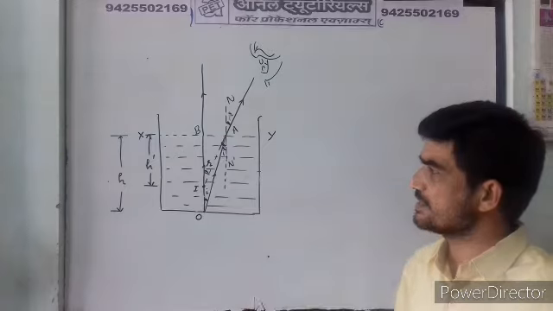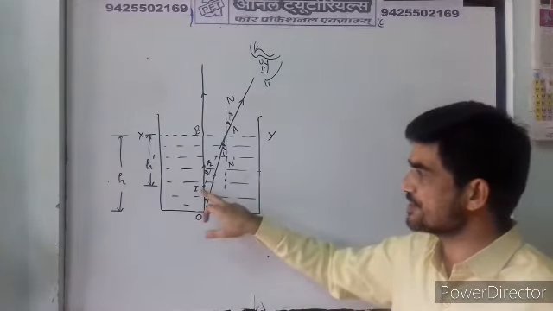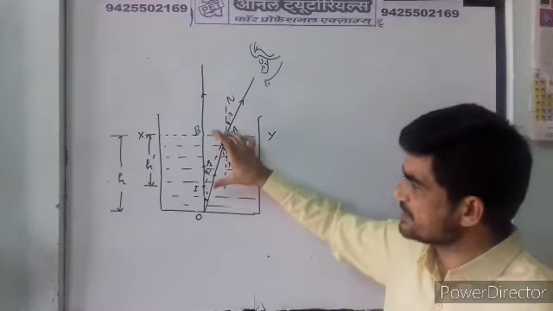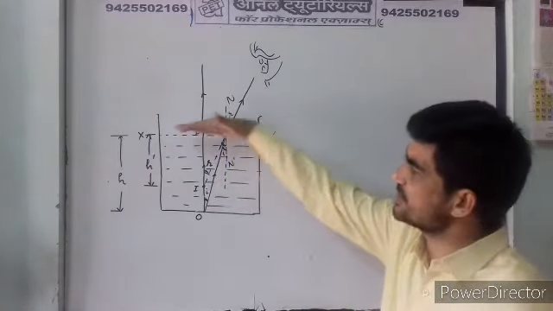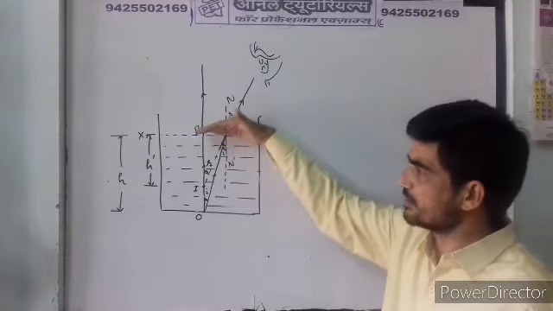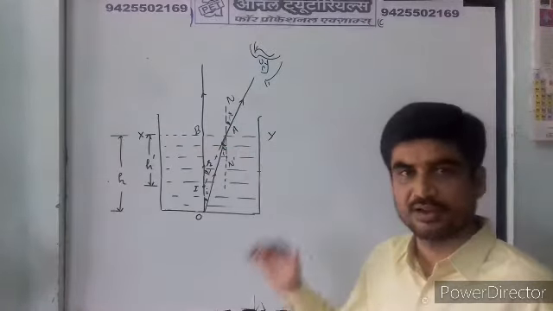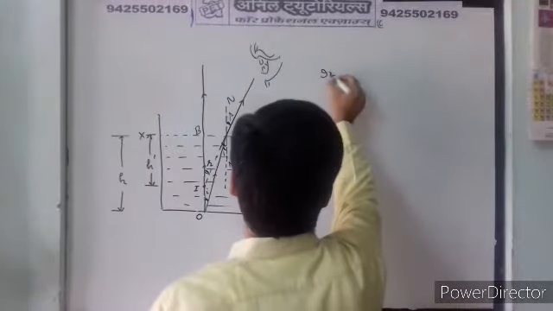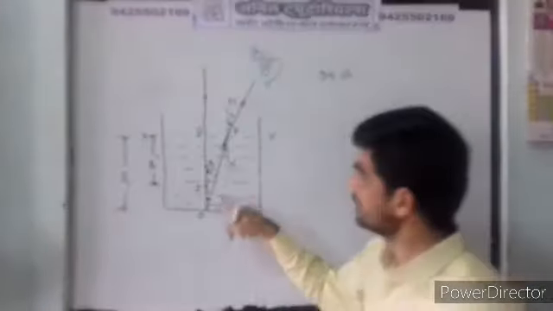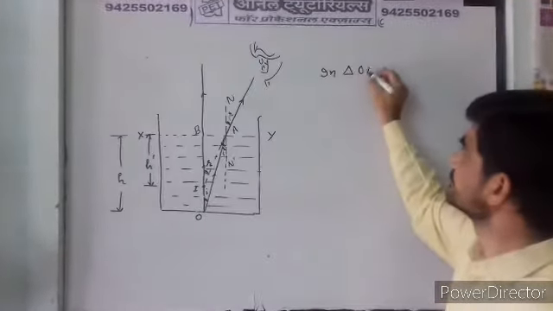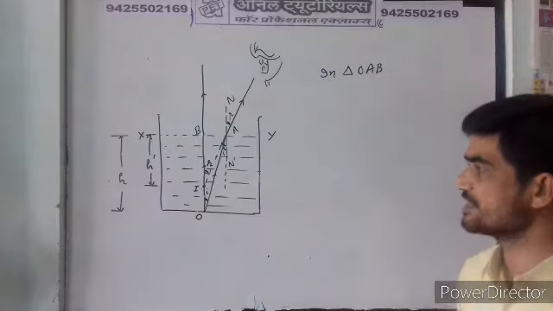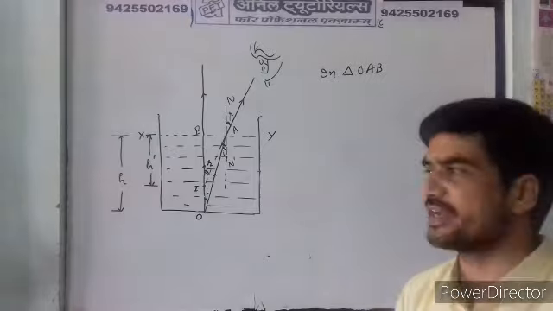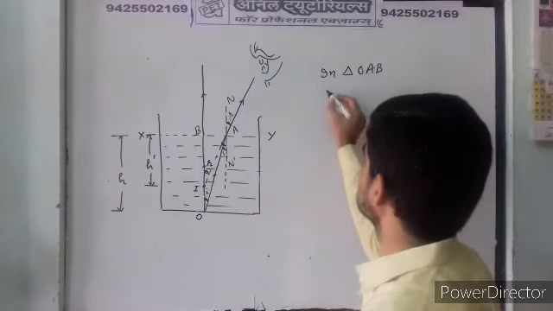So I is the position of the image of this point object O, and IB is the apparent depth when you observe from the common surface of this liquid. Now in triangle OAB, you know the tangent of the angle i, you can write tan i.